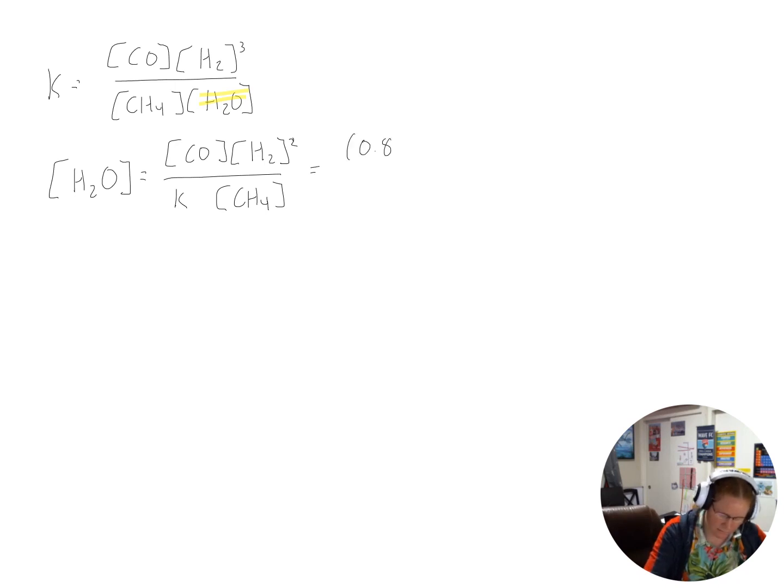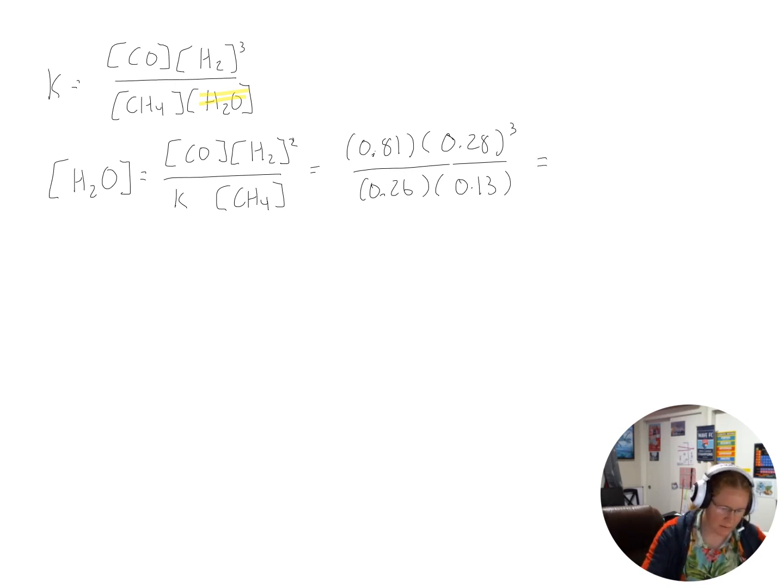So now, okay, and then we get, okay, and we put that all together, we are going to get 0.526. All right, we have 2 sig figs, so we'll get 0.53 molar as our concentration of our water vapor.